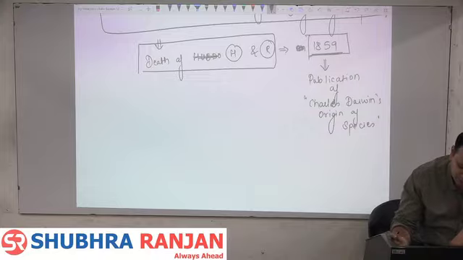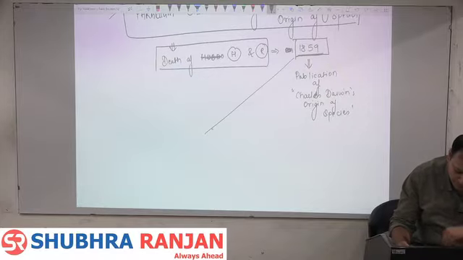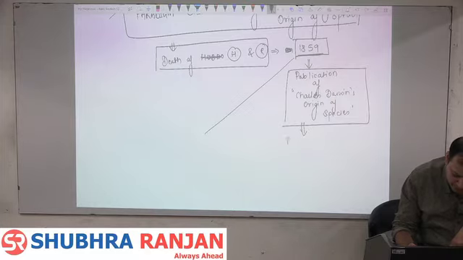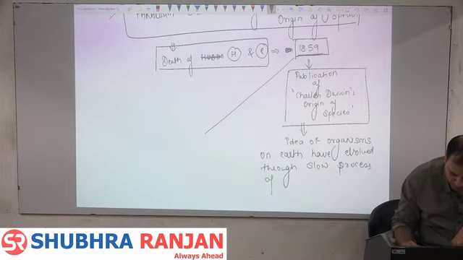So 1859 is a watershed year, right? Charles Darwin's publication of Origin of Species gave rise to the idea that organisms on Earth have evolved through a slow process of change.